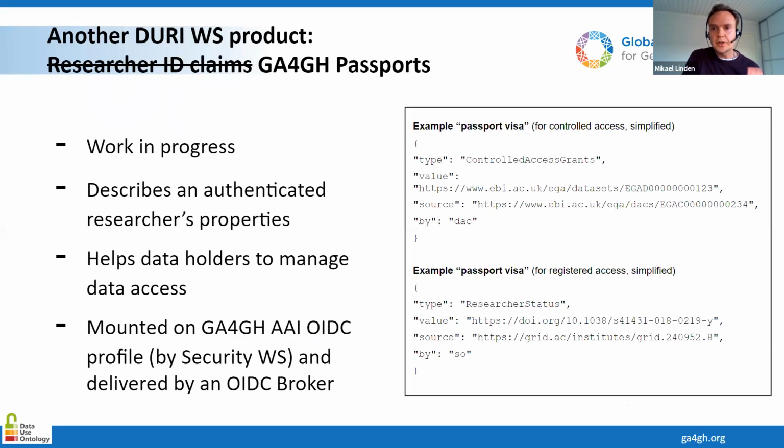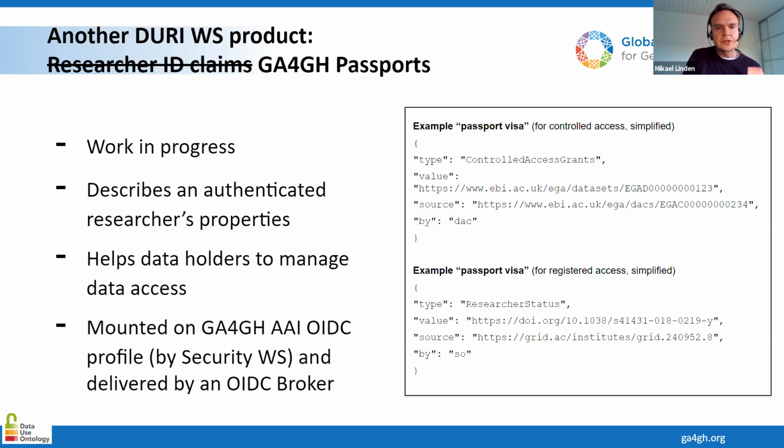It's work in progress, with the intention to submit to the next Global Alliance Steering Committee meeting. And the intention is that this specification describes an authenticated researcher's properties that are relevant for managing their access rights on data, especially for controlled access data and registered access data.